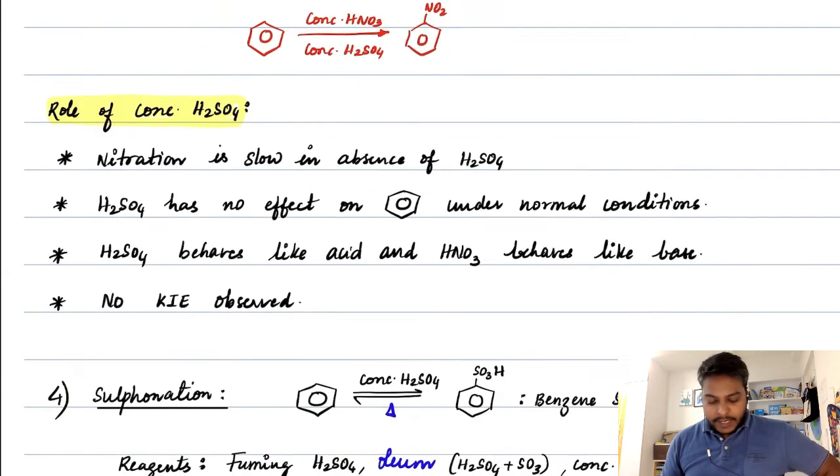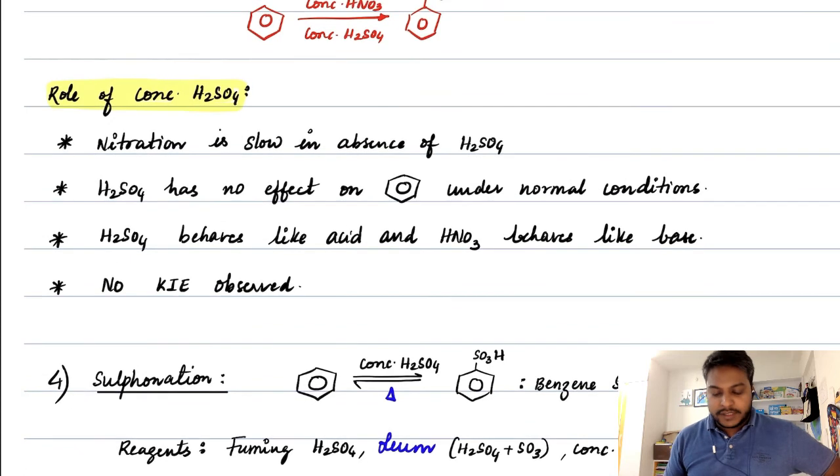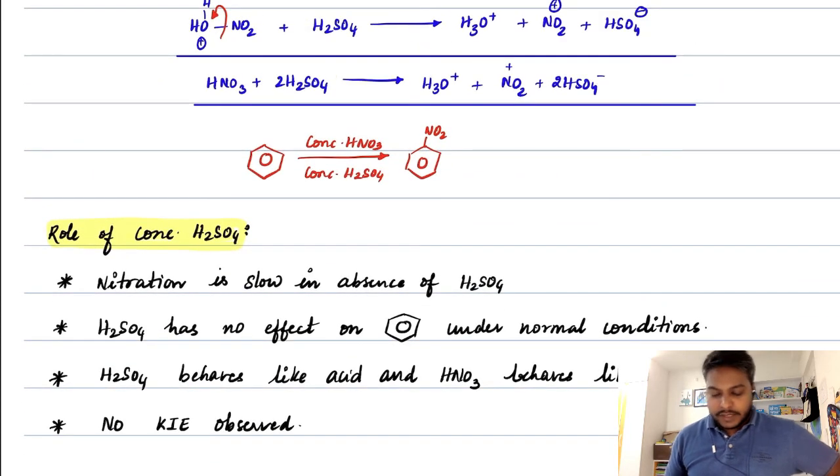Clear, students? What was the role of concentrated H2SO4 here? Nitration is a slow process in the absence of H2SO4. If we put in H2SO4, this becomes faster, and we can get a richer NO2 plus concentration. Next, H2SO4 has no effect on benzene directly in the presence of HNO3, under normal conditions.